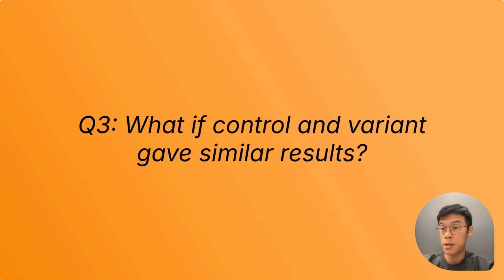For example, the length can be different, the tone can be different, or maybe the value proposition can be different. Or you can determine that maybe it's not a copy problem, maybe it's a UI problem, maybe a UX problem, or maybe it's because the product isn't attractive enough. So that is something you can bring to the table and discuss with your stakeholders and see what change you can make.